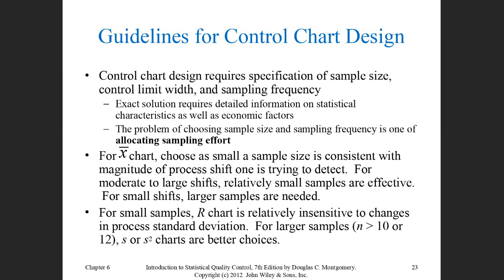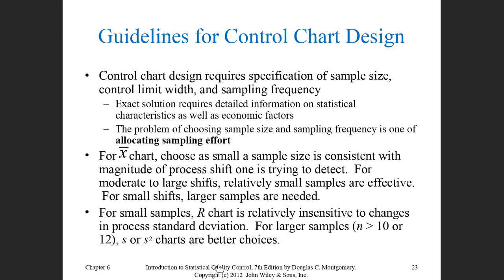If the data is variable, then we have learned so far the X bar R, and today we will learn the X bar S. The decision metric to decide between X bar R or X bar S is the sample size. If we have a sample size greater than 10, then we use the X bar S. If it is less, then we use the X bar R.